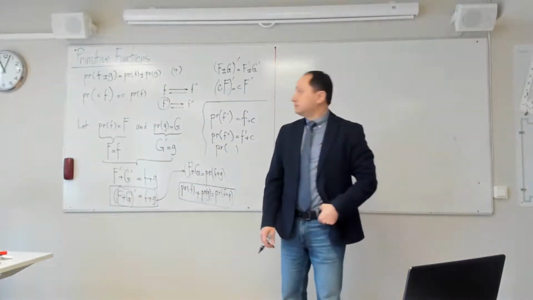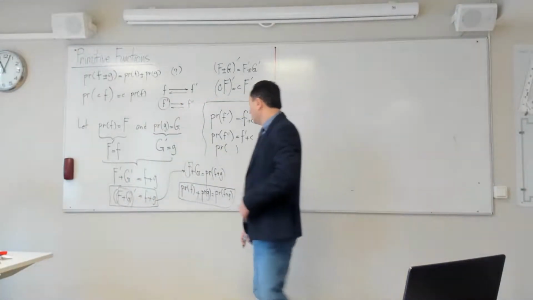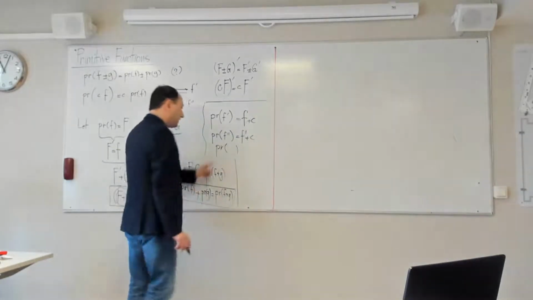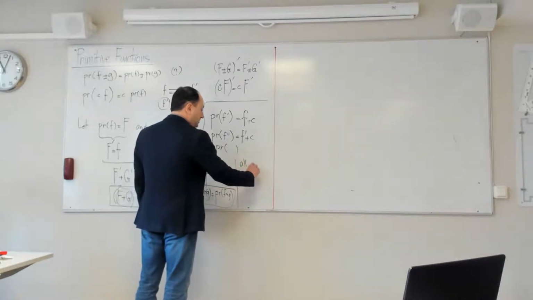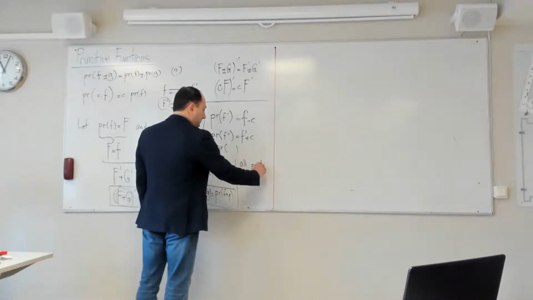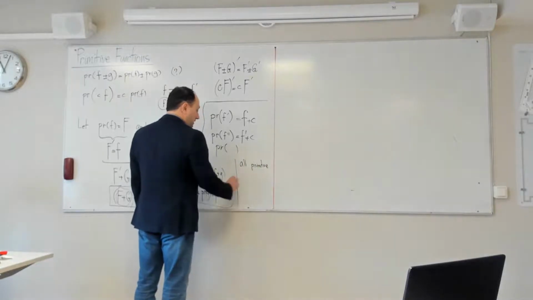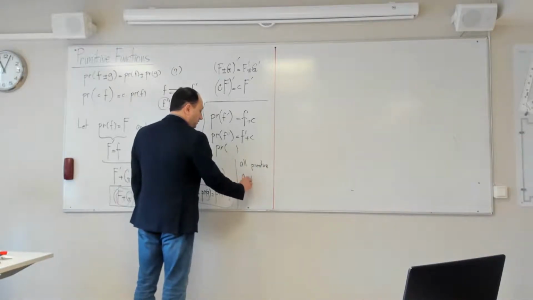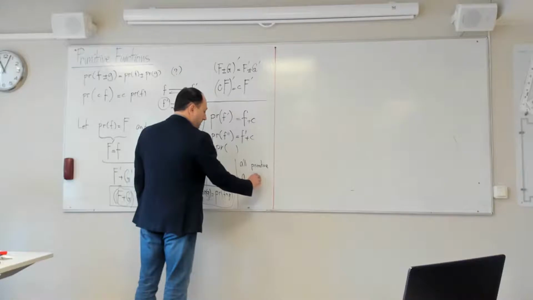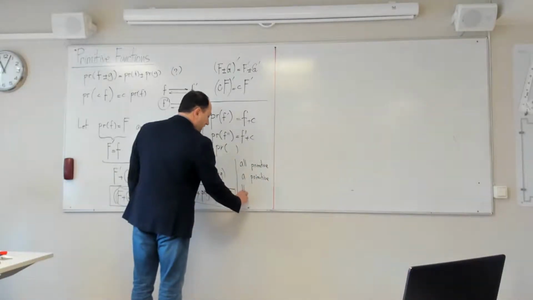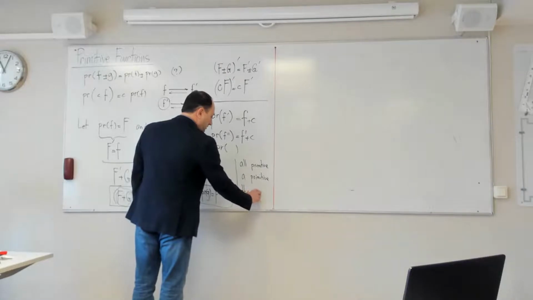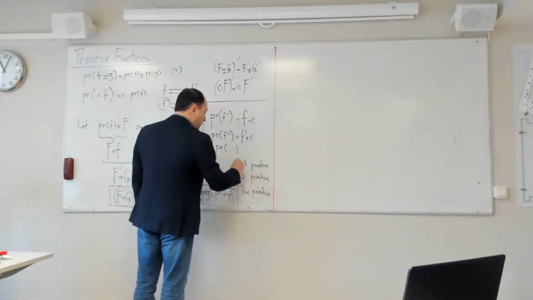Couldn't c be assumed to be 0 if we already know the function f? No. I want to talk about that. Usually, in the book, they ask you to find all primitive functions. Sometimes they say a primitive function. Sometimes they say the primitive function. I want you to know about that.